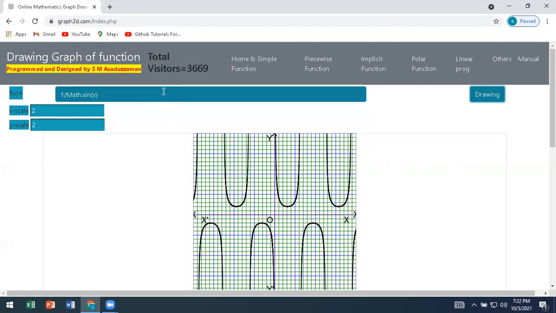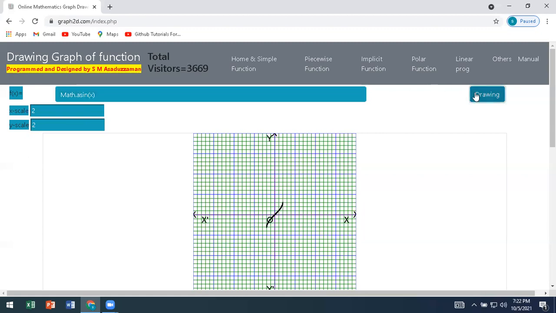Then we draw the inverse circular functions. For example, sin inverse x. For sin inverse x, we type Math.asin, that means a sine x, arc sine, or sin inverse x.